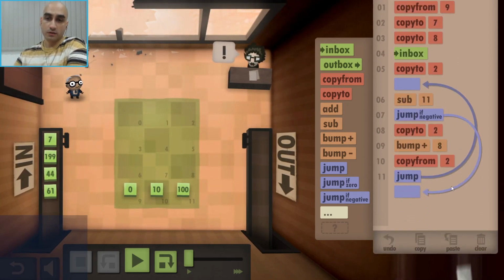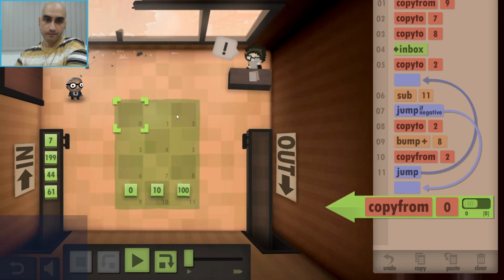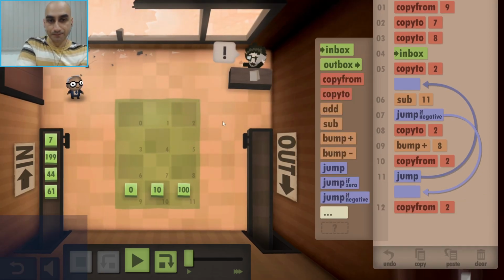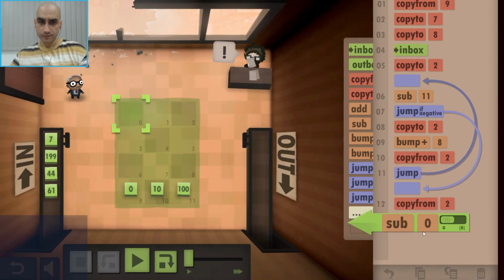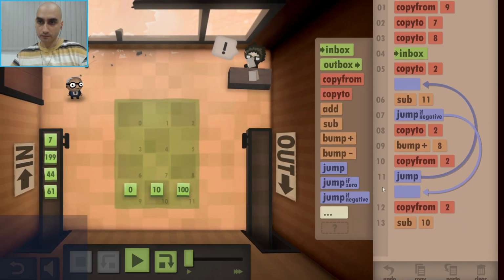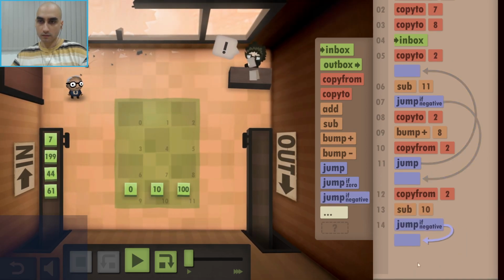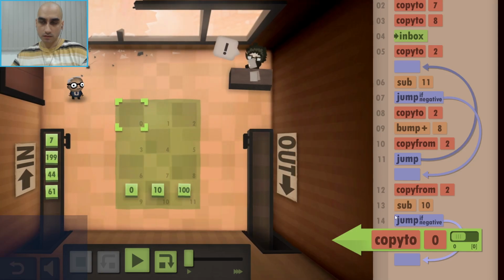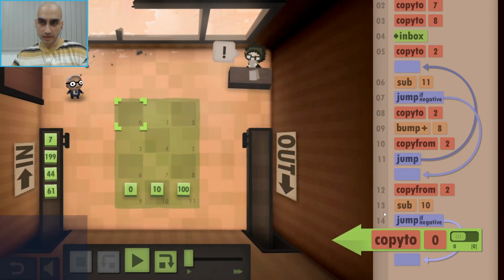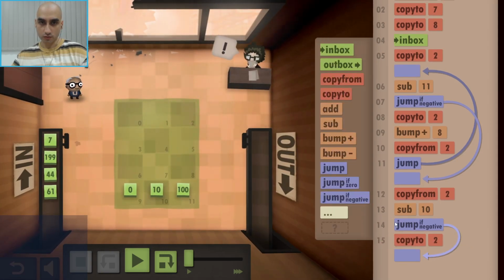Okay, so at this point we pick up our number, which is stored there. We now want to count how many 10s there are. So we sub 10. We copy that number back to 2.